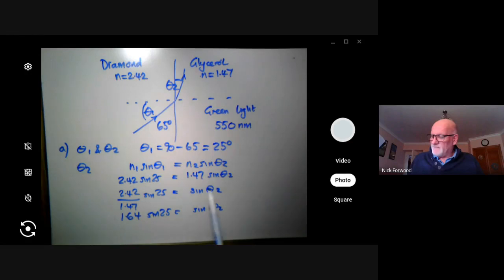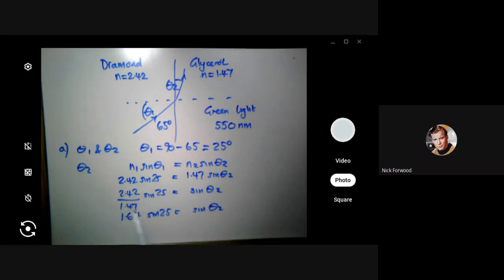Okay, so the 1.47's gone down there. That's 1.64 times sine 25. I do know where the 1.02 came from. It was that. Just forget me. 2.42 times sine of 25 is 1.02.